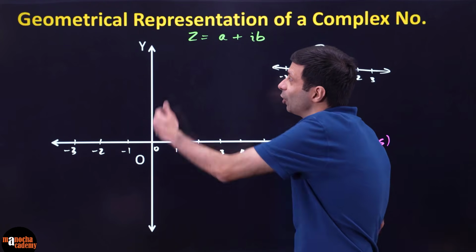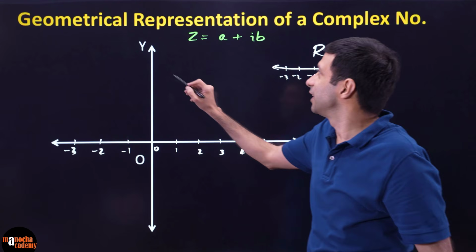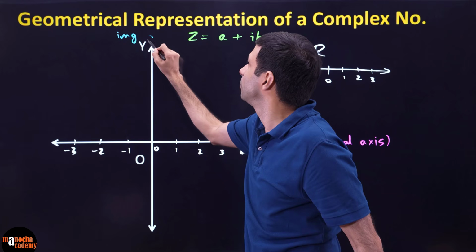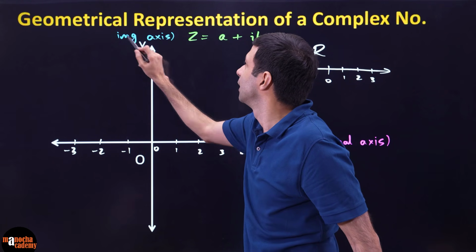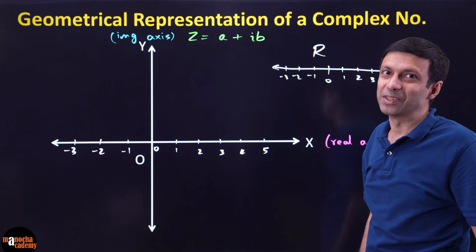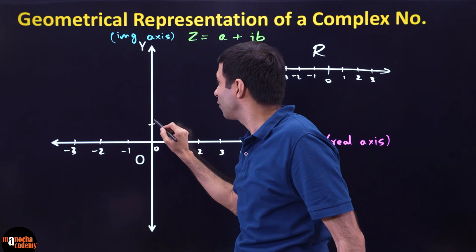And perpendicular to that, just like you have your y-axis, this is going to be our imaginary axis. I'm going to write IMG axis. The imaginary axis is your y-axis, and that is going to represent the imaginary numbers. Now, which are the imaginary numbers? Here I will not write 1.